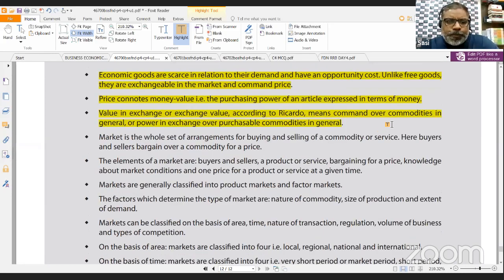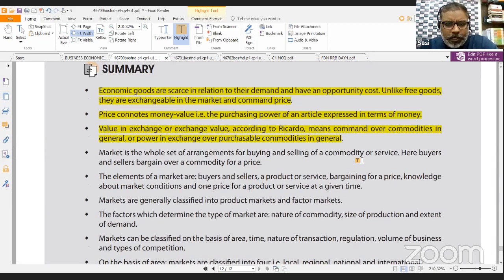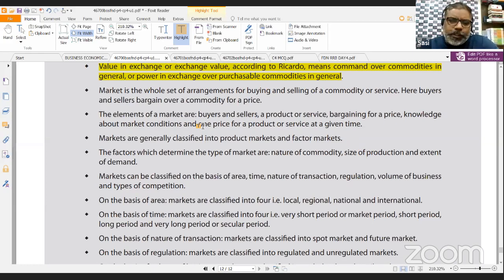If a particular water bottle is sold in the market for 10 rupees, that is the exchange value of that water bottle. If a particular pen is sold for 50 rupees, that is the exchange value of that pen. That is simply nothing but price. So price or exchange value or money value or the purchasing power of the commodity or article expressed in the form of money, all are the same and all are the characteristics of economic goods, simply speaking.